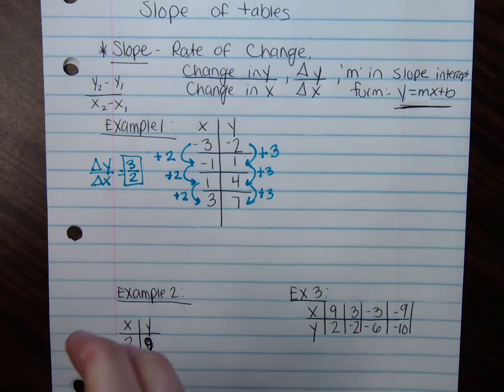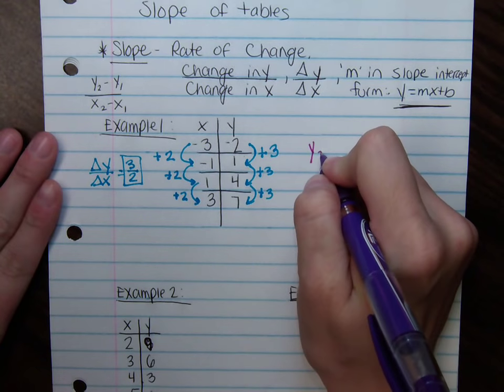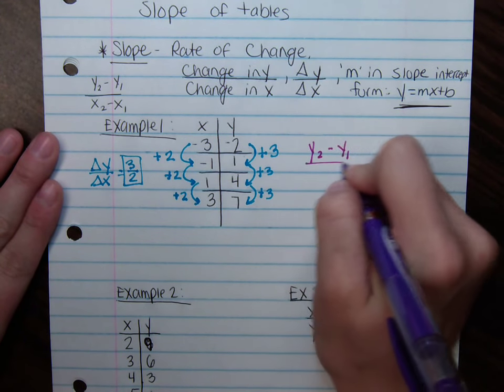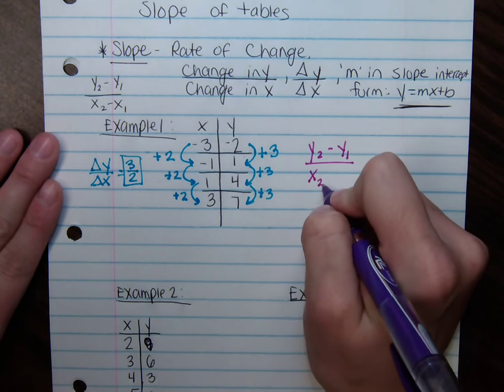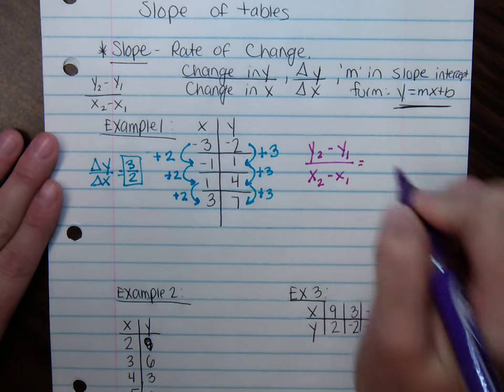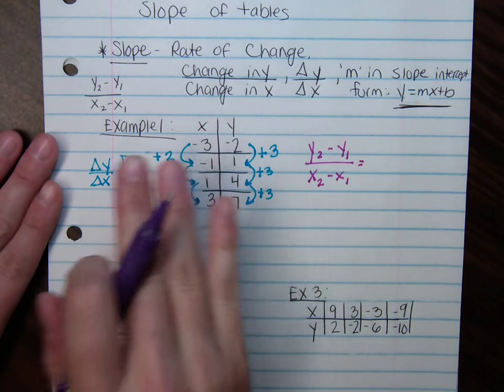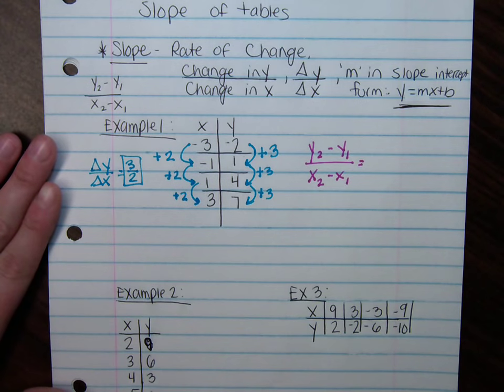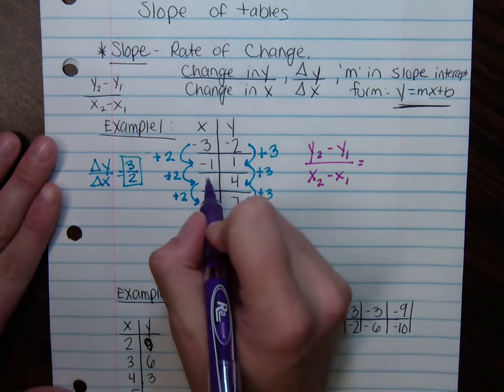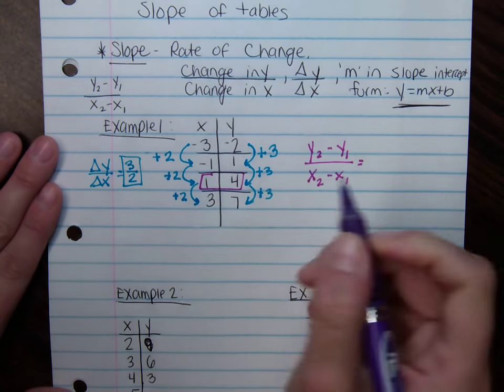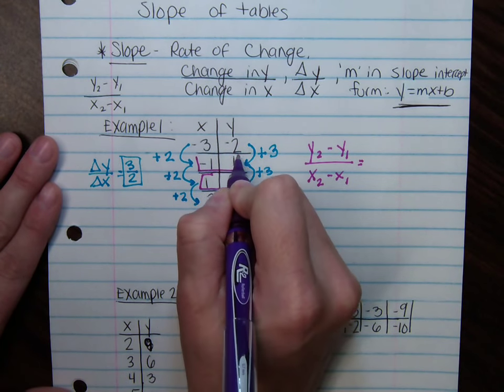If we want to do it the other way with our formula, y2 minus y1 over x2 minus x1, we just have to pick any two rows from our table. Does not matter which two. So let's say I choose this one and this one.